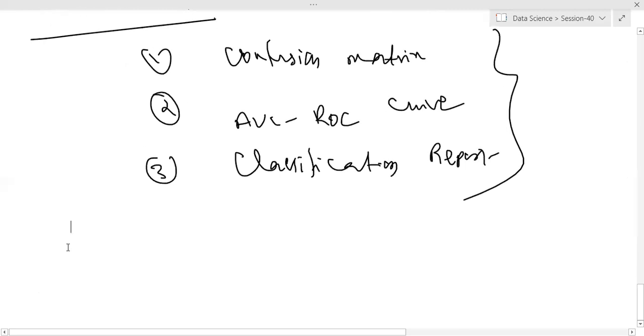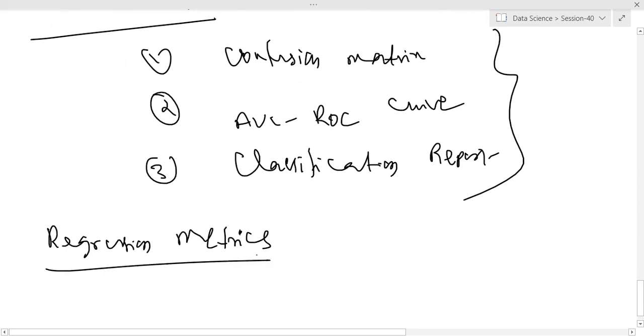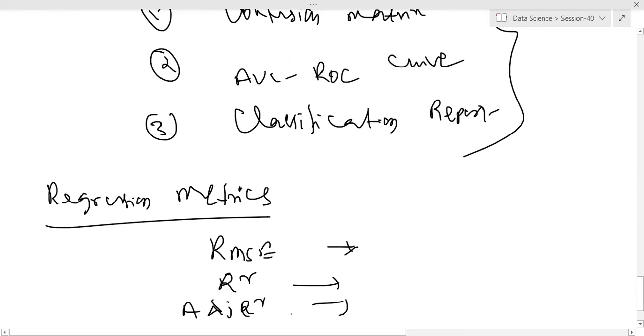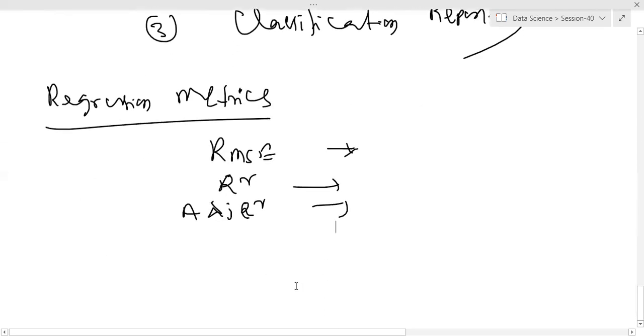And by the way, before launching the things, we'll see the regression aspects, regression metrics. Already we have seen, which are all the things, friends? Root mean square error, R square, adjusted R square. Like that, we are having some kind of metrics.